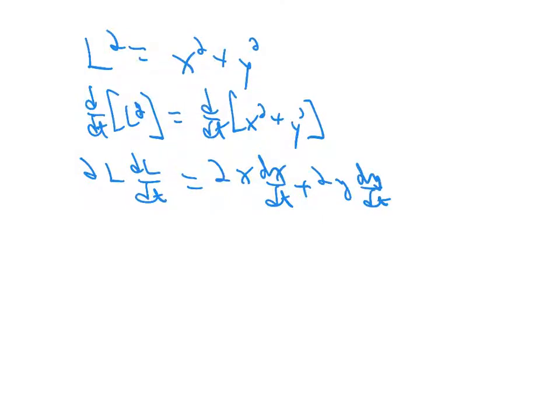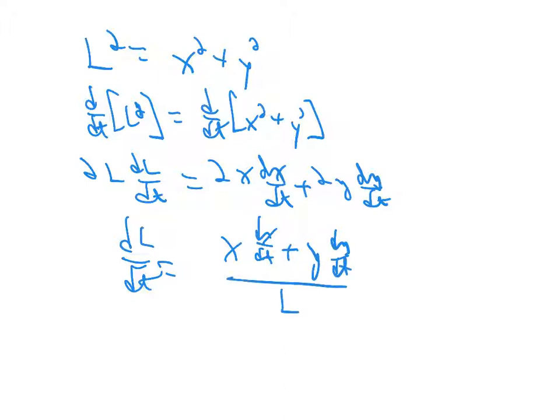We will, of course, eliminate the 2's because they're common to all factors, and we get dL/dt is x dx/dt plus y dy/dt over L. And again, we have all these values, so we can say we have that x is 3 and y is 4, and dx/dt is 5, whereas dy/dt is minus 4, and with a base of 3 and a height of 4, the hypotenuse is clearly 5.